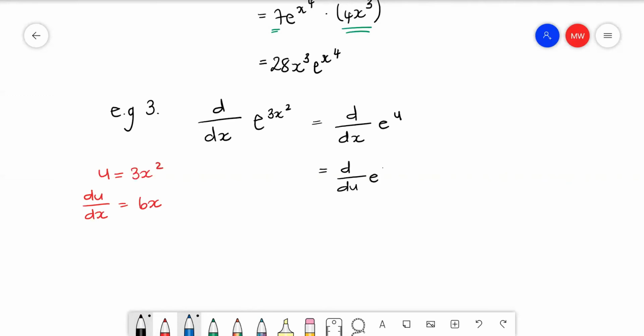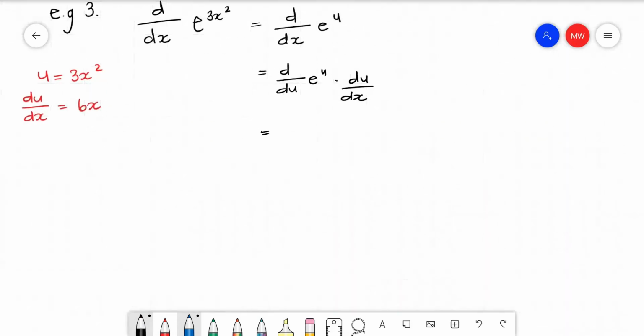So it would just be d/du of e to the power u times du/dx, which is equal to e^u times du/dx, which is equal to 6x times e to the power of 3x squared.